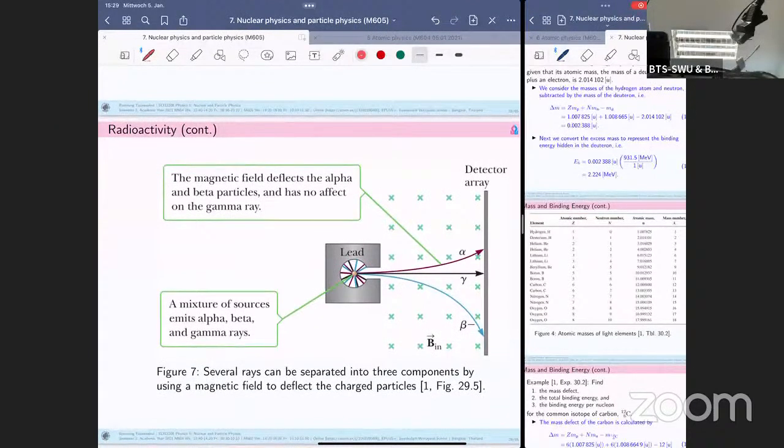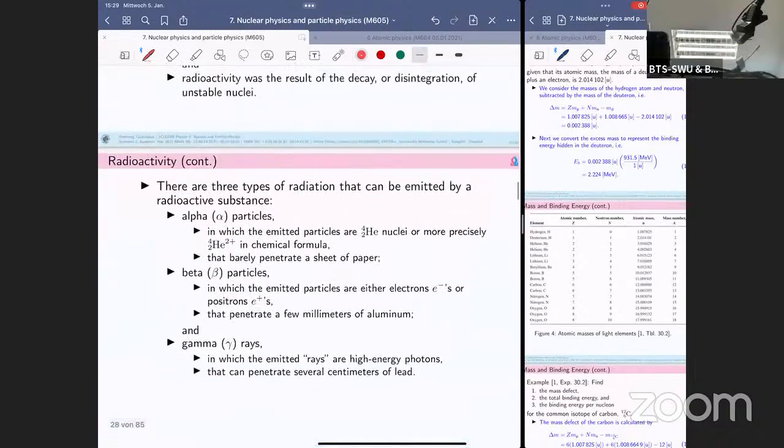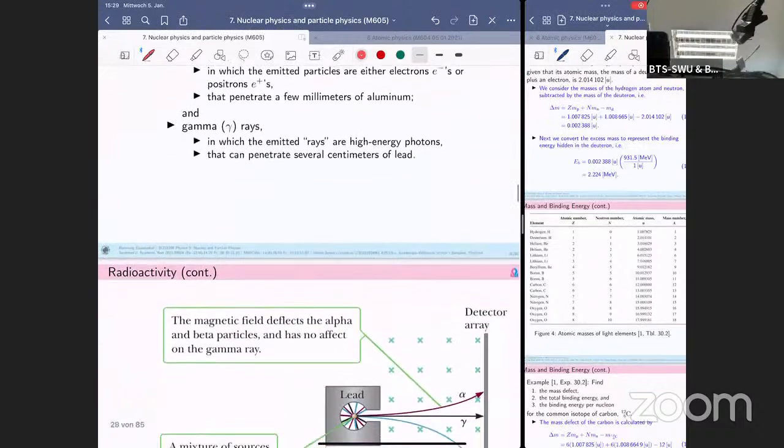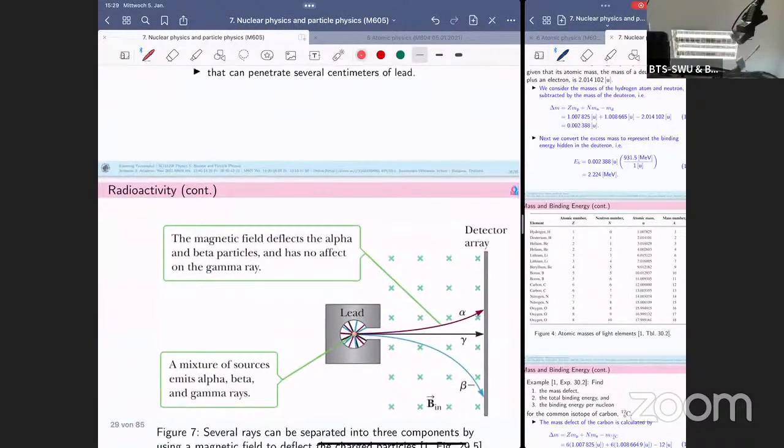The magnetic field deflects the alpha. If you want to differentiate these 3 types of rays, the way to do it is the following. You let the source of these particles be in a closed area.